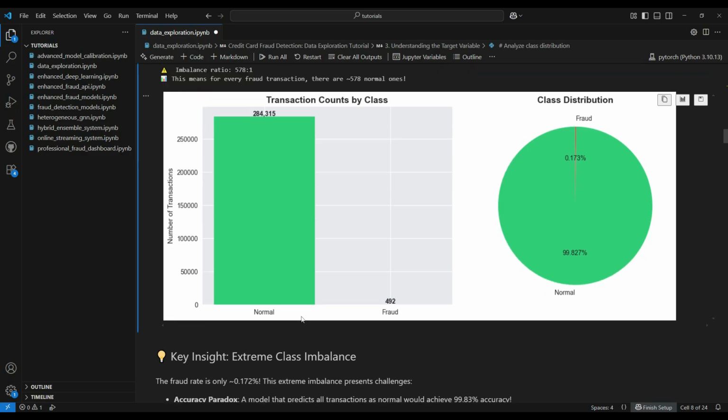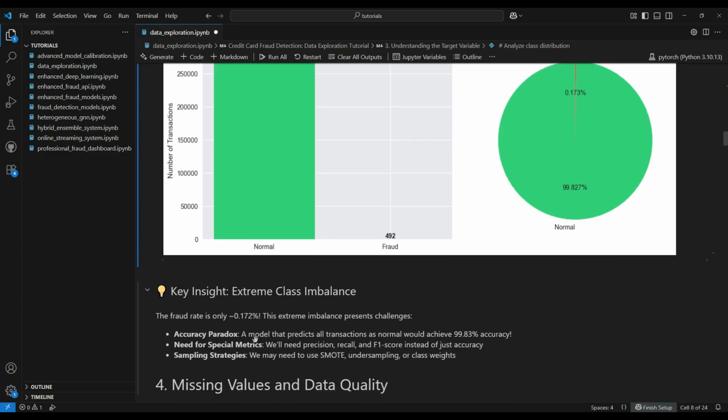So if I build a really dumb model that just predicts normal for every single transaction, I would get 99.83% accuracy, but I would catch zero fraud. This is called the accuracy paradox. High accuracy means nothing when your data is this imbalanced.